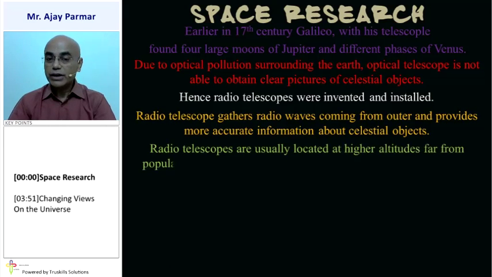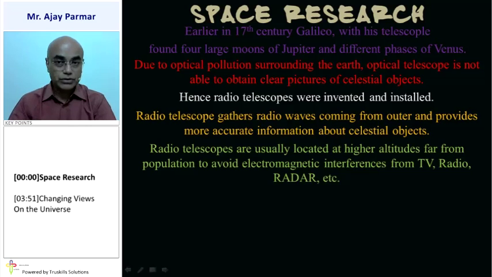First of all, radio telescopes are usually located at higher altitudes. The advantage of higher altitudes is that they are very far from pollution, and that avoids the electromagnetic interferences produced by TV, radio, radar or such electronic instruments. Because of that, they are capable of sending good quality pictures.